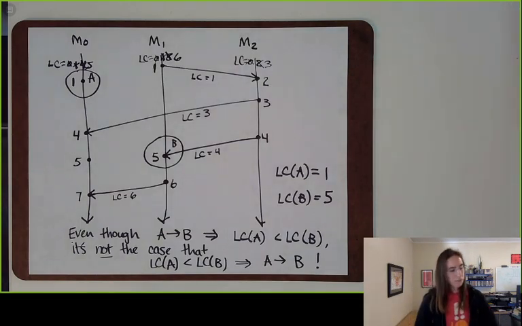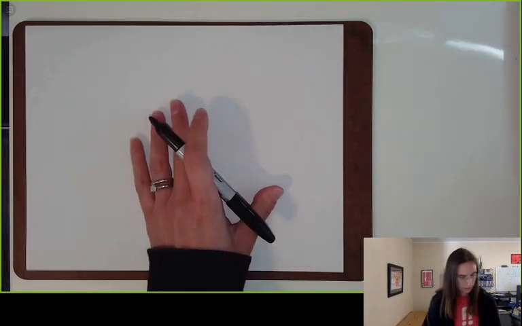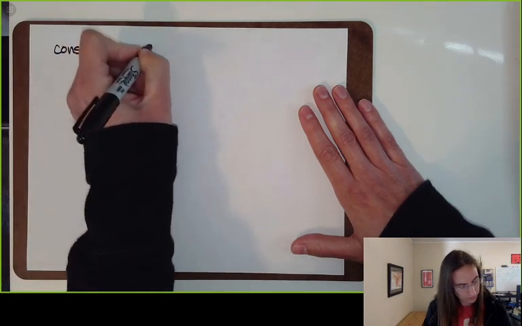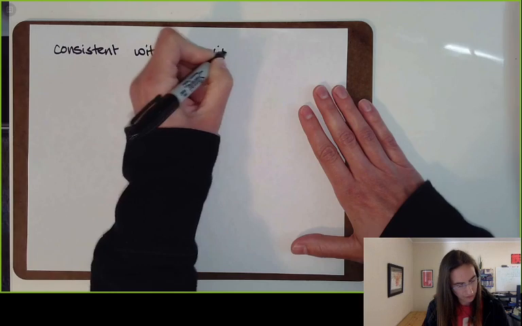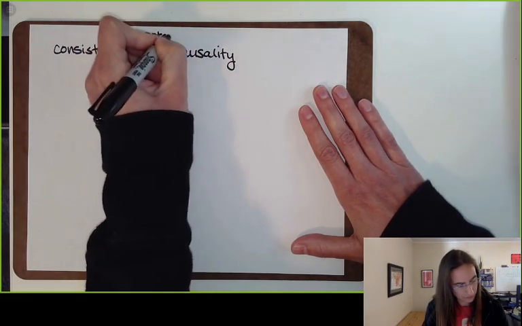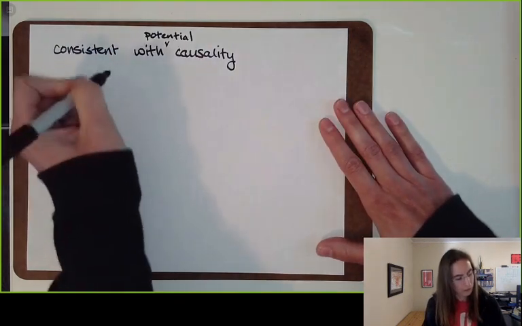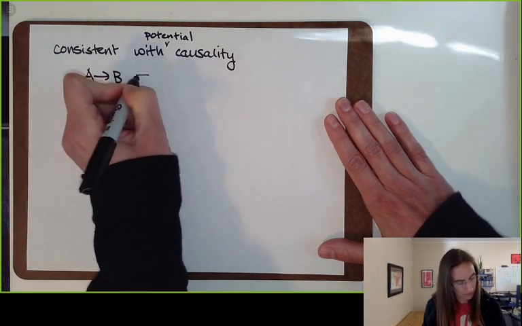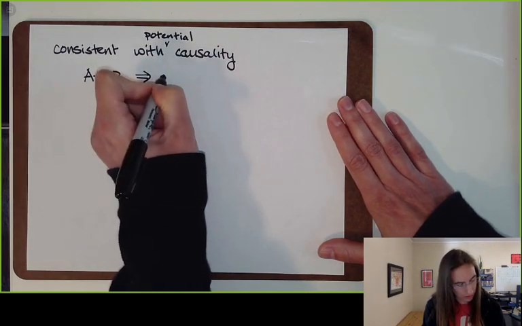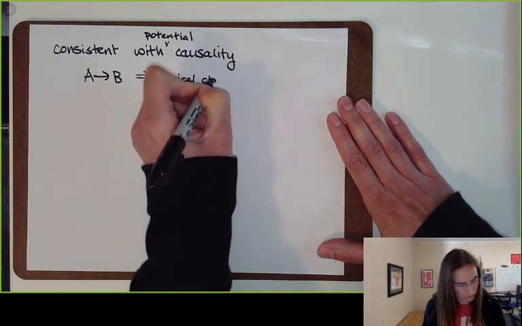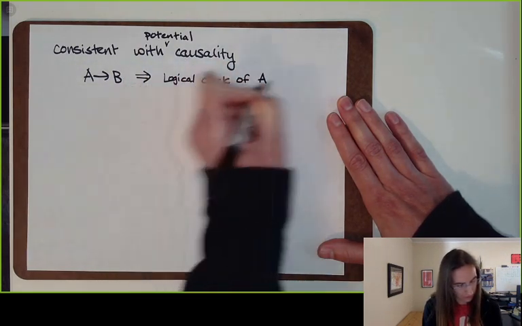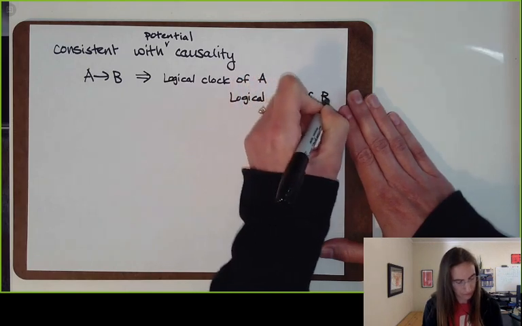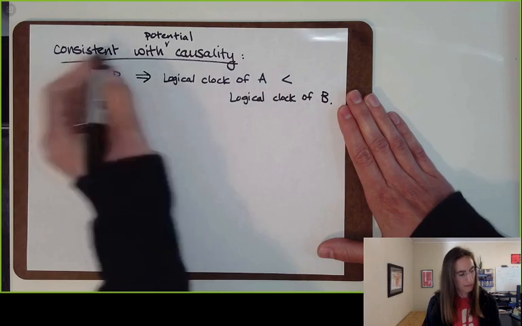So, mathematically speaking, consistent with causality, or potential causality, if you want to be precise about it, means if A happens before B, then the logical clock of A is less than the logical clock of B. That's what it would mean to be consistent with causality.